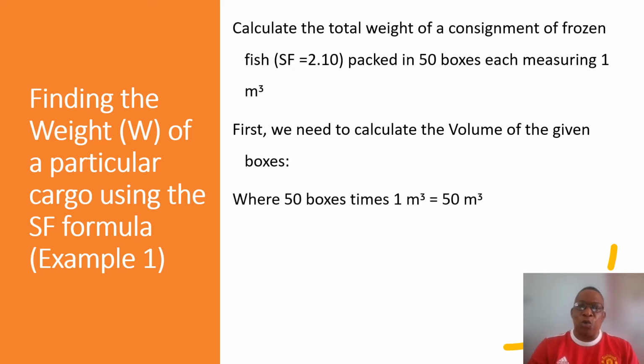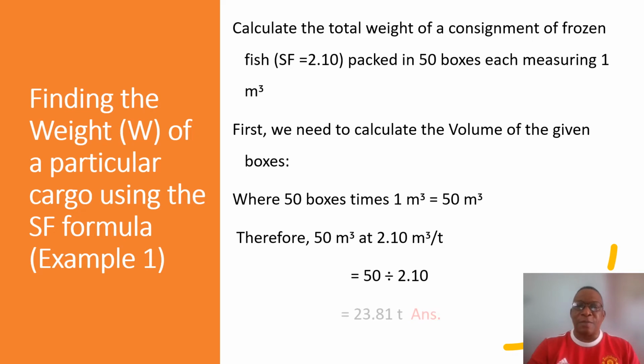In doing so, we multiply the 50 boxes by the 1 cubic meter, resulting in 50 cubic meters. Therefore, 50 cubic meters at 2.1 cubic meters per ton would give us 50 divided by 2.1, resulting in 23.81 tons, as the cubic meters would have eliminated each other.